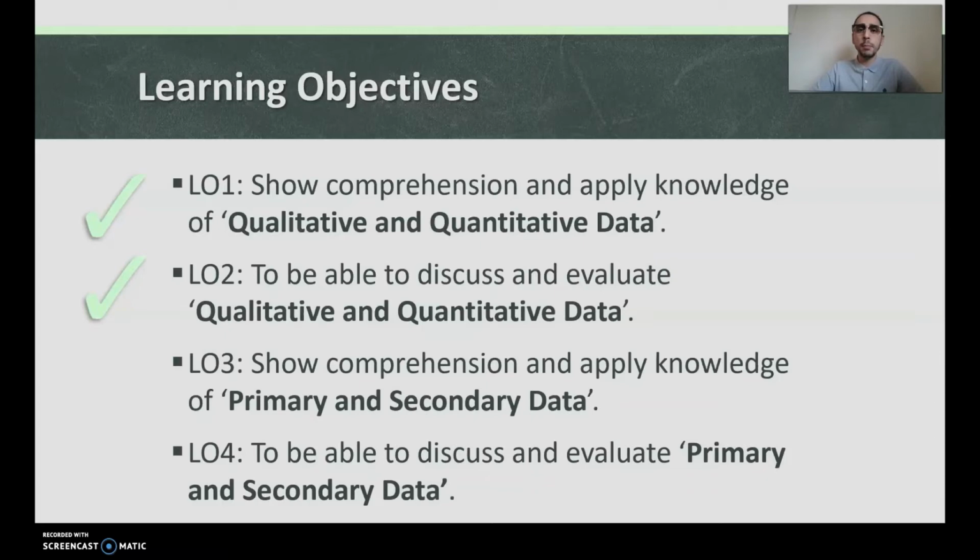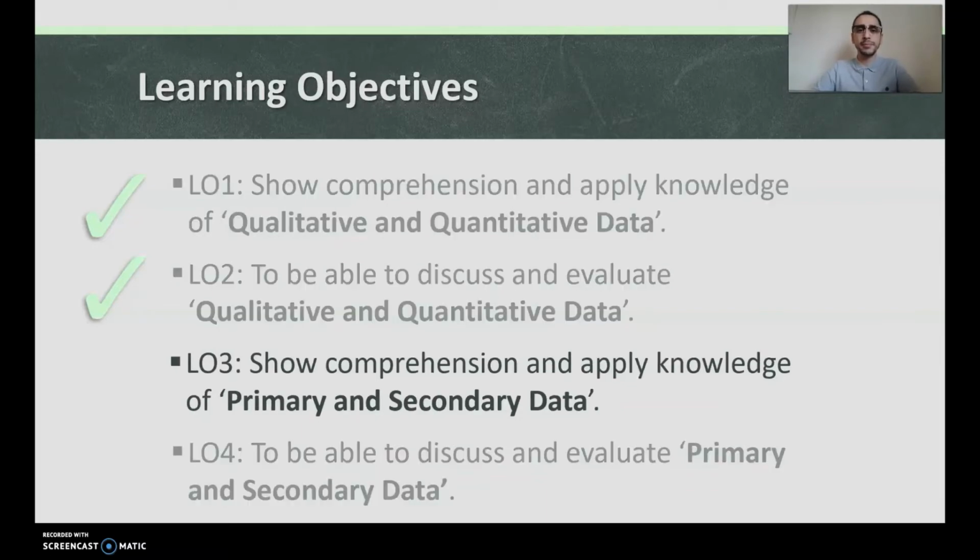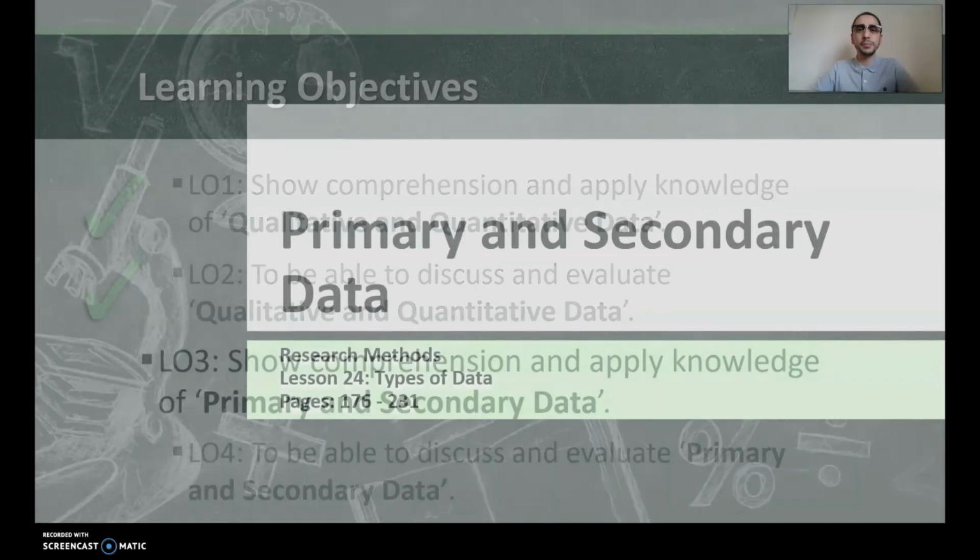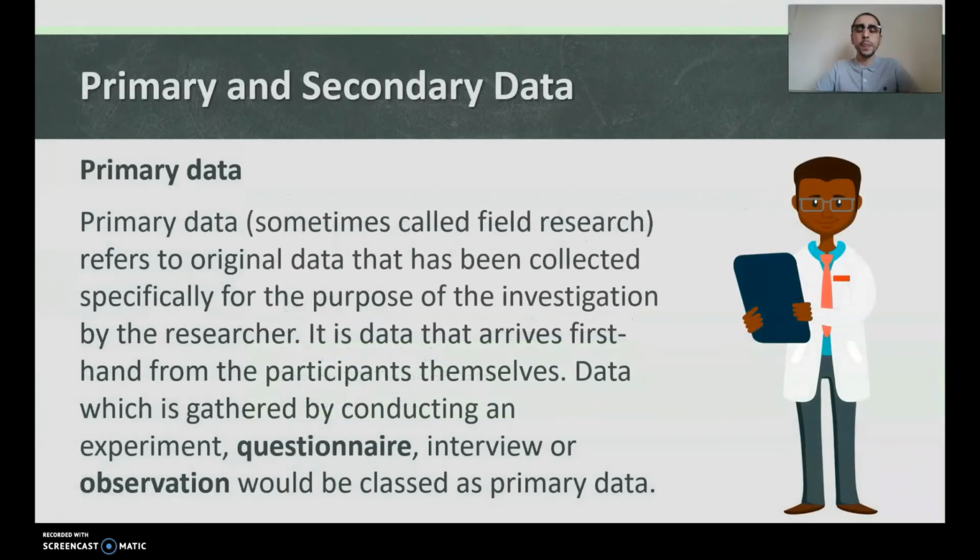Show comprehension and apply knowledge of primary and secondary data. We haven't learned about primary and secondary data yet, but by the end of this lesson, you will know about it. Here we go. Primary data. Primary data, sometimes called field research, refers to original data that has been collected specifically for the purpose of the investigation by the researcher.